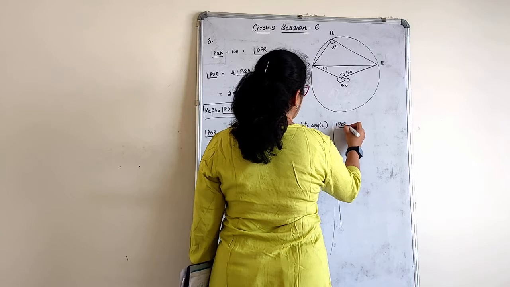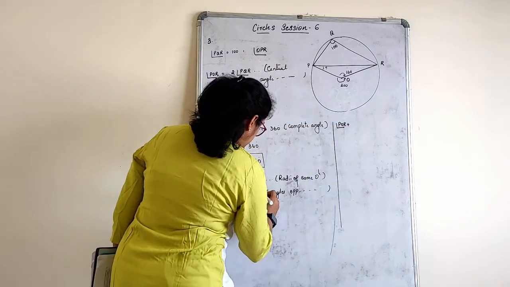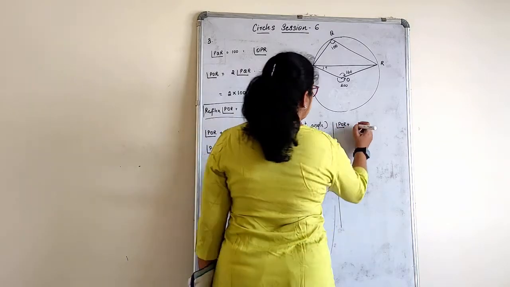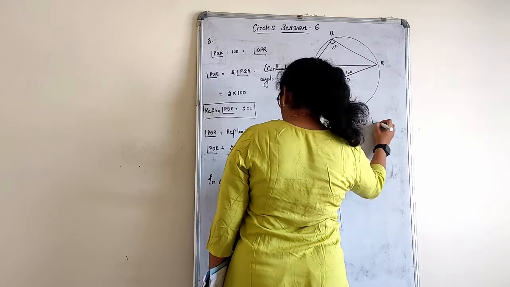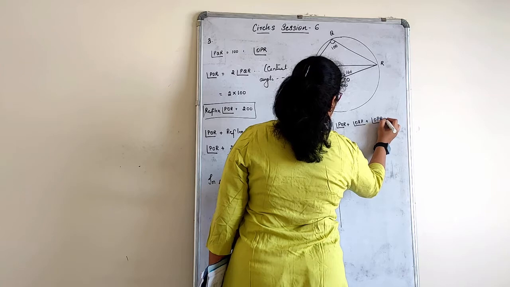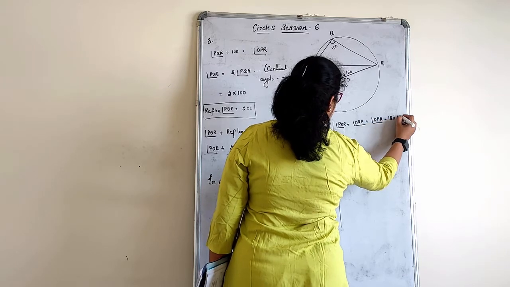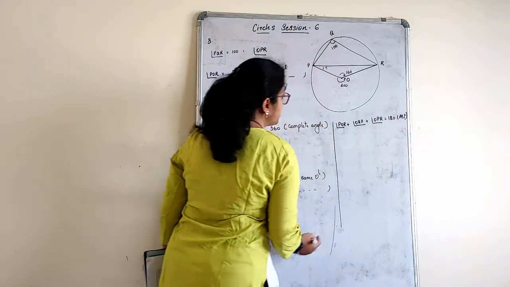Angle POR plus angle ORP plus angle OPR is equal to 180. Angle sum property, right?